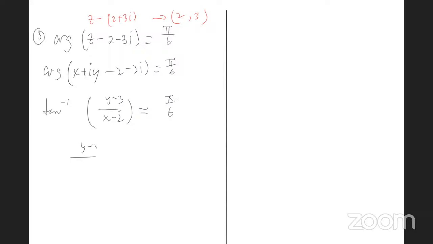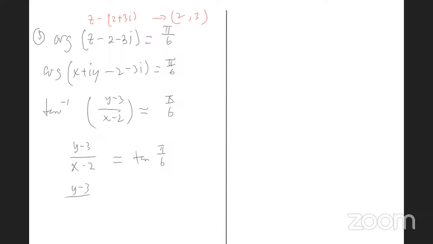So you'll get y minus 3 by x minus 2 is equal to tan pi on 6. What's tan pi on 6 again? Right, so that's 1 on root 3.